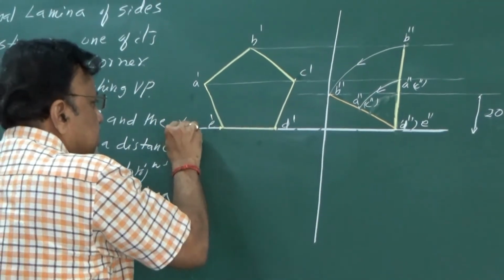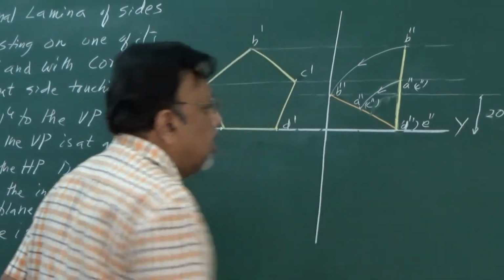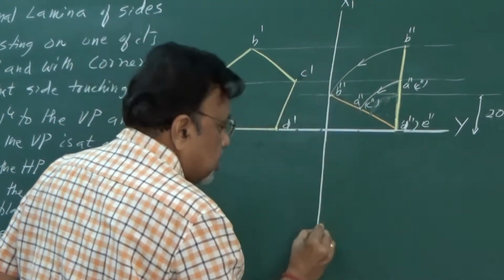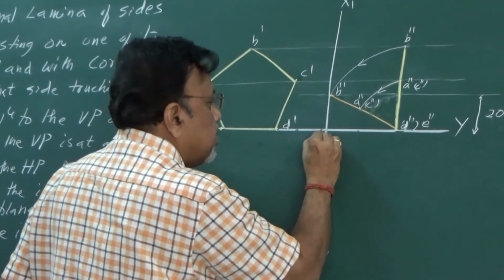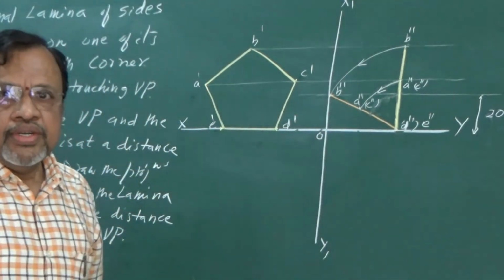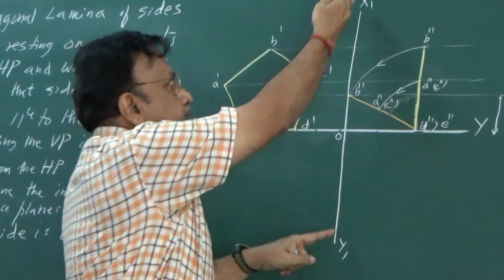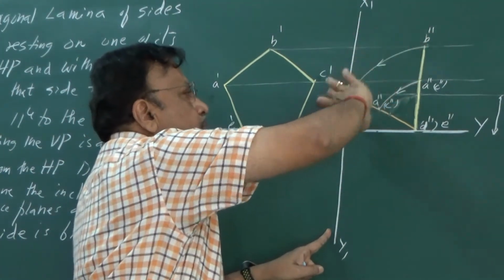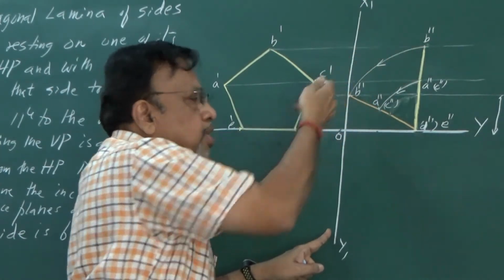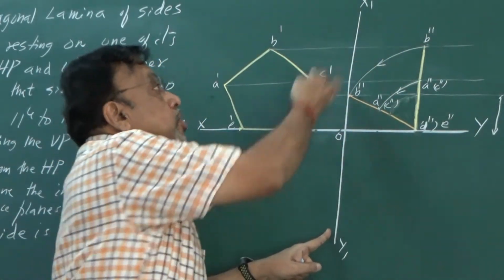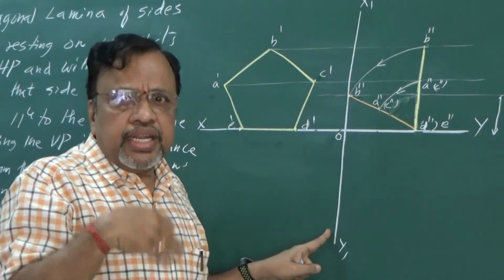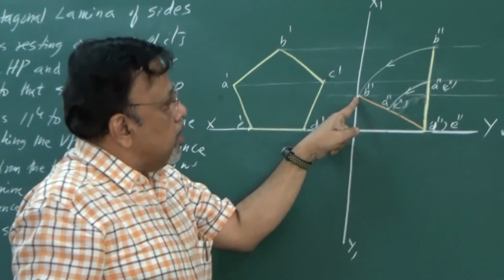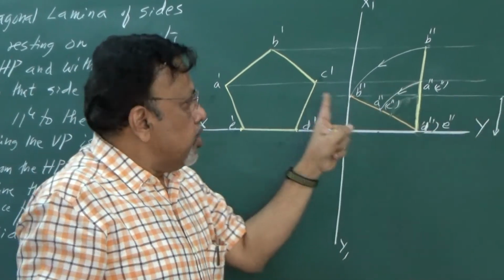You know that this is xy and this line has to be x1 y1, this is O. If you had written this particular line initially itself, I don't know at what distance this particular point will come when you rotate. Then you may have to redraw this x1 y1 again. That is the reason this particular corner should touch VP, not only be at 20 mm. So it is a unique solution.